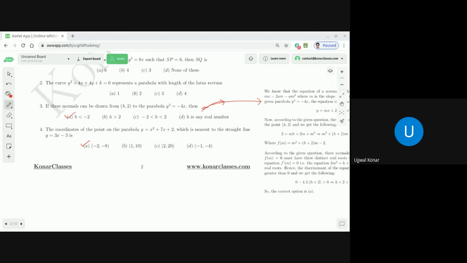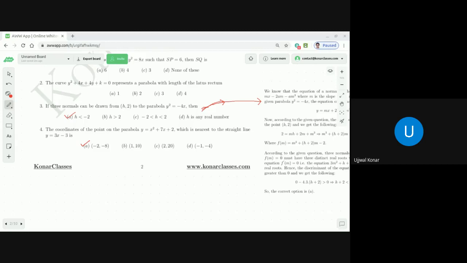For that, you need to differentiate the function y equal to x square plus 7x plus 2, because we know the slope of the tangent is the value of dy/dx of the corresponding curve. So for the function y equal to x square plus 7x plus 2, dy/dx is 2x plus 7.